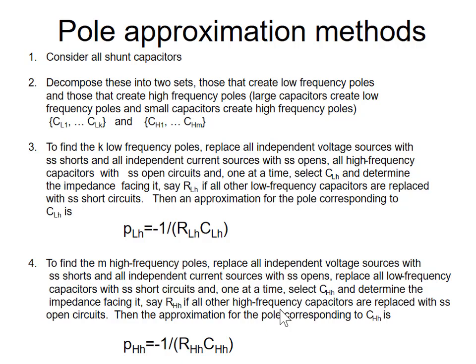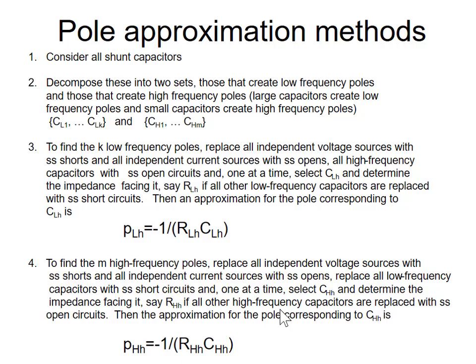So we're going to look at the circuits with one capacitor at a time and look at the impedance facing that capacitor. And then we're going to claim that the approximate low frequency pole corresponding to that node is equal to 1 over the resistance you see facing the capacitor times that capacitor value. So if I do this for all the capacitors, I will find all the low frequency poles. Their approximations are pretty good. If the poles are reasonably well separated, it will do a pretty good job of getting the dominant low frequency pole, the biggest of the low frequency poles.